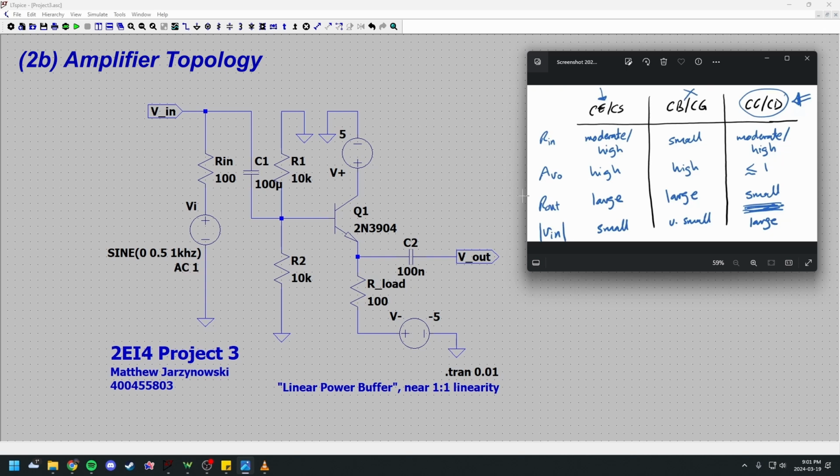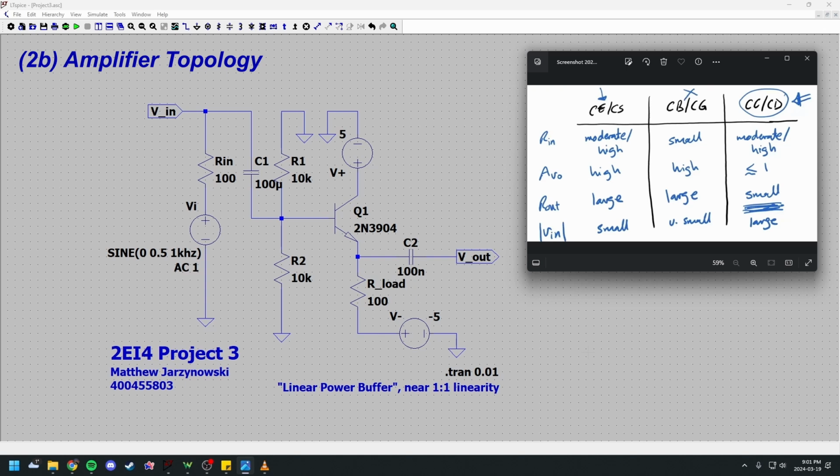We can also say that the common collector creates a high voltage swing, as well as a low output resistance, which simplifies our calculations, both when calculating the specific resistance values and when generally measuring the circuit.